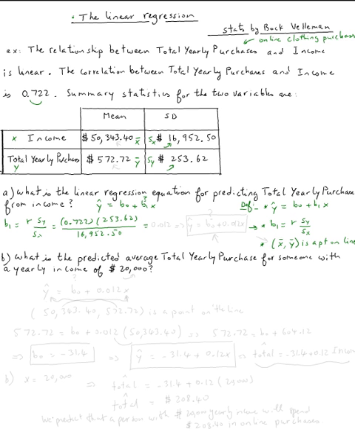All we have to do is use a calculator, and we get 0.012. So that's b1.